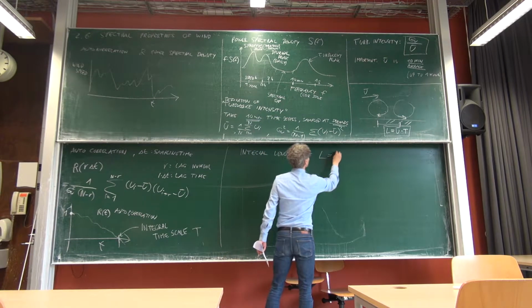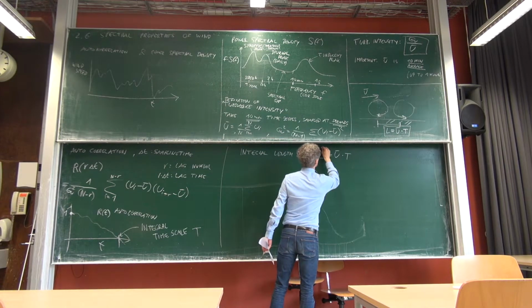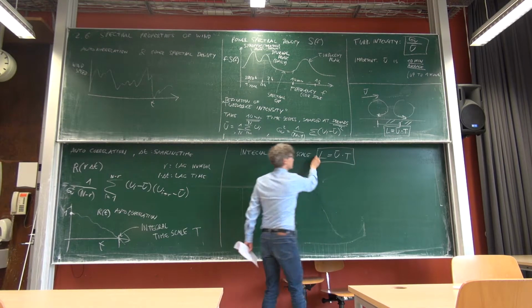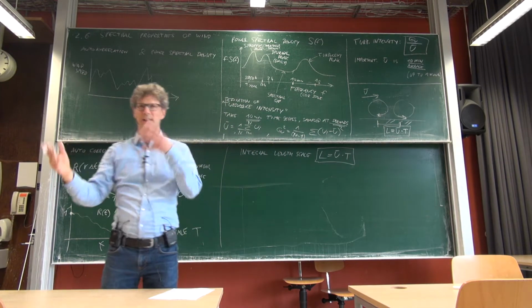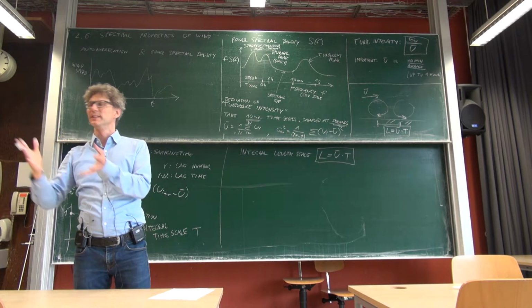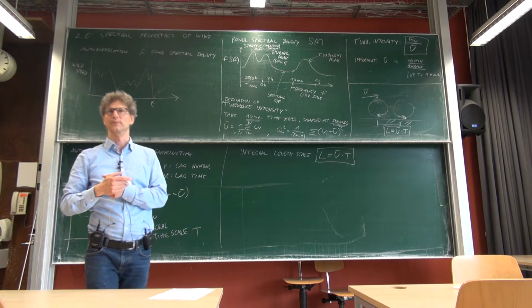L, I get from the average speed times the integral time scale. That could be like 500 meters or something, and that means that there are turbulences in the air that travel through the air, which have length scales of 500 meters.